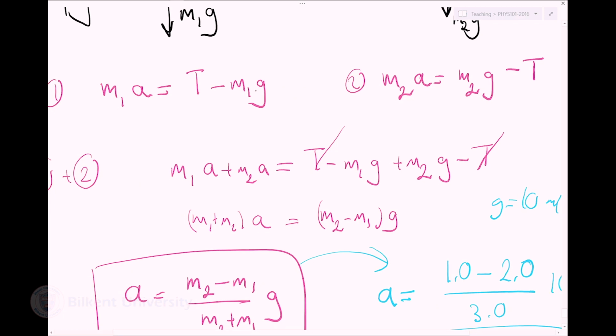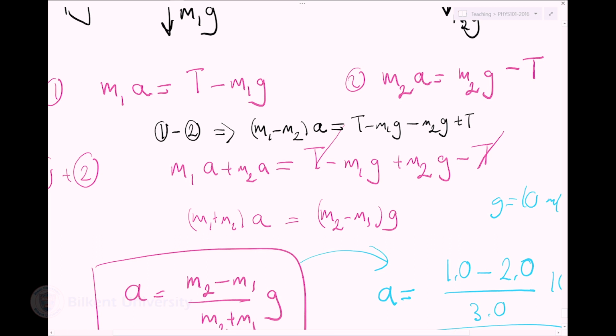The same equations I have here, I've added them. I could have also subtracted them. The first equation minus the second equation would be (m1 minus m2)a would be T minus m1g minus m2g plus T. Right?